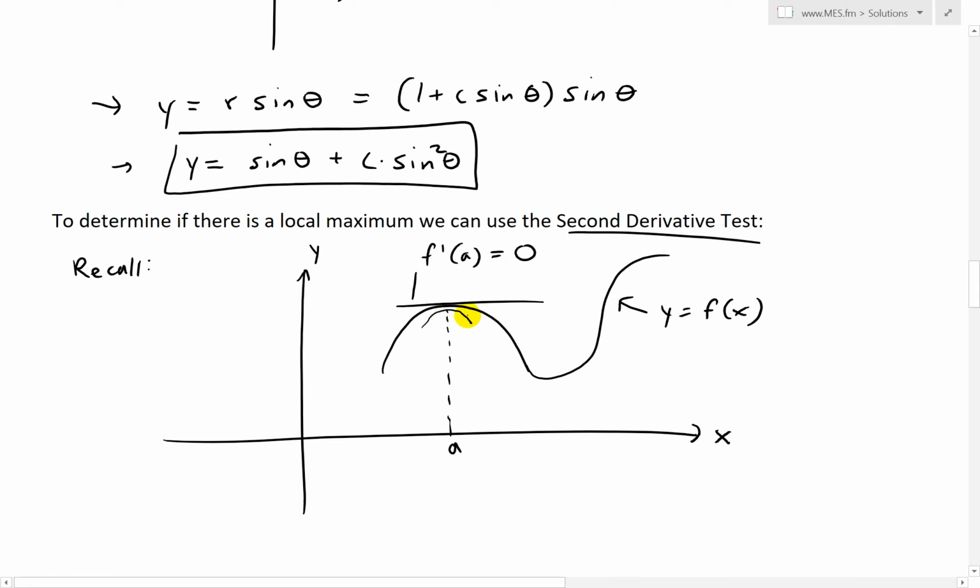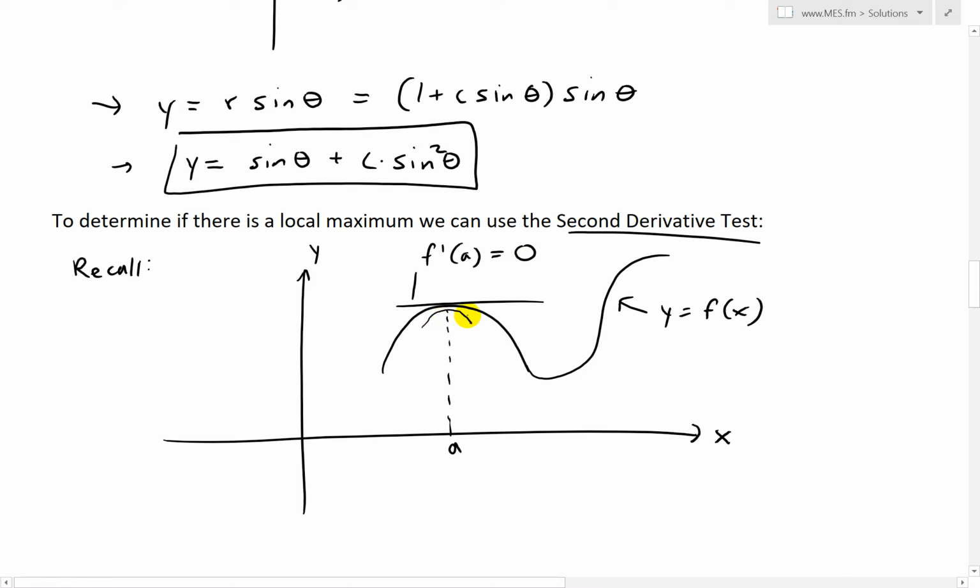But first, before I take the derivative, I want to find out the values for sine and cosine at theta. If we have theta like this and this is y, recall the curves for sine and cosine. This one is sine theta.